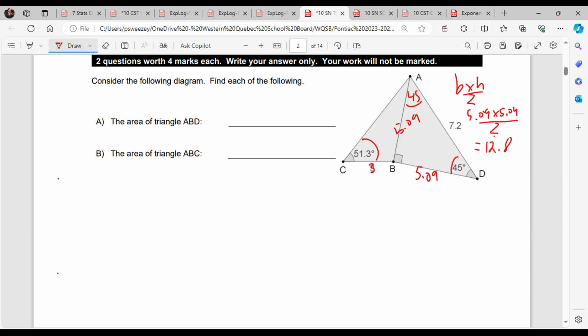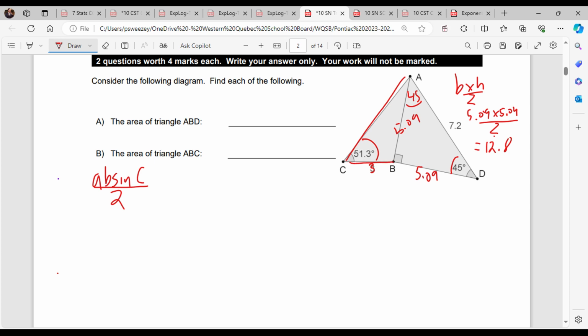When you go to this one here, the base times height's not really going to work on that one. Can I use the AB sine C? Yeah, so I would lean towards this guy here, but when I start to look at it, and this is the only guidance I'll say, we can either find that length because I already have this angle in that one.